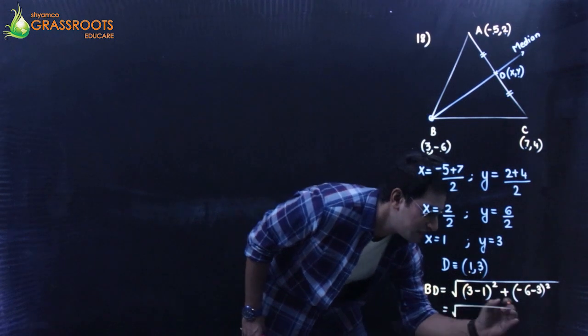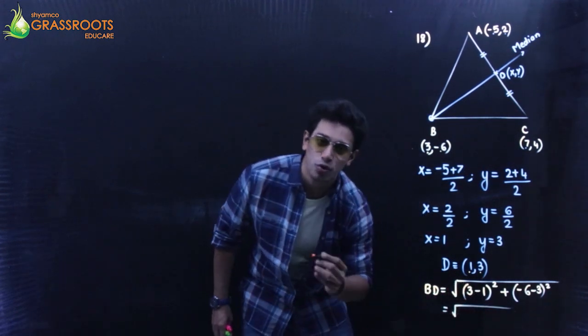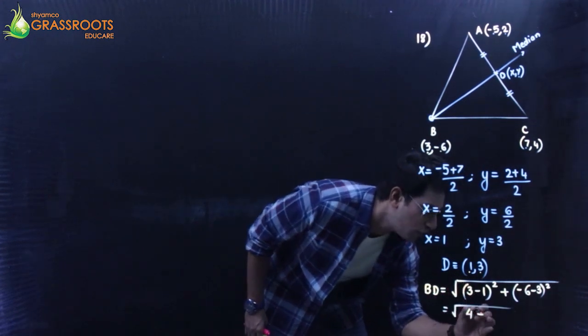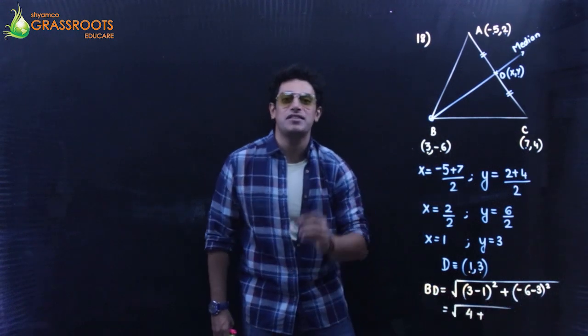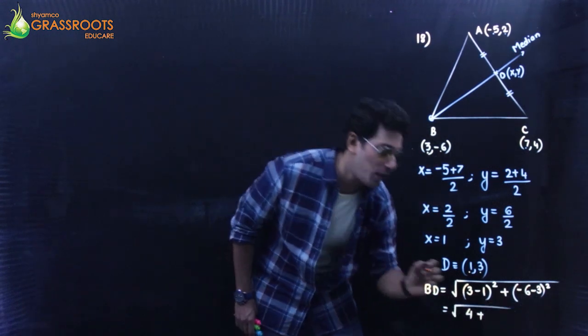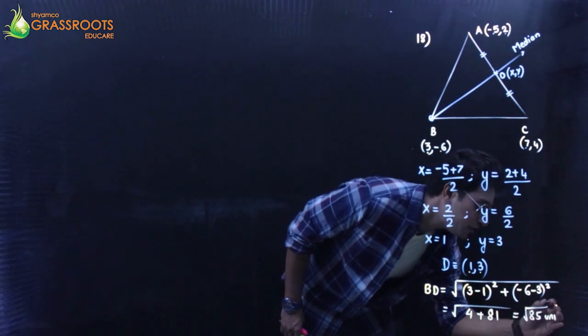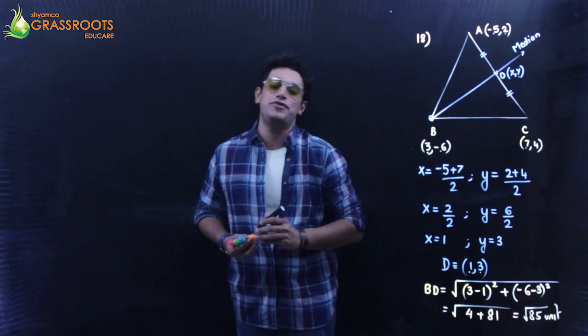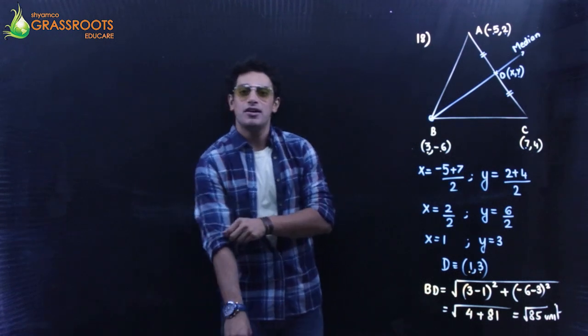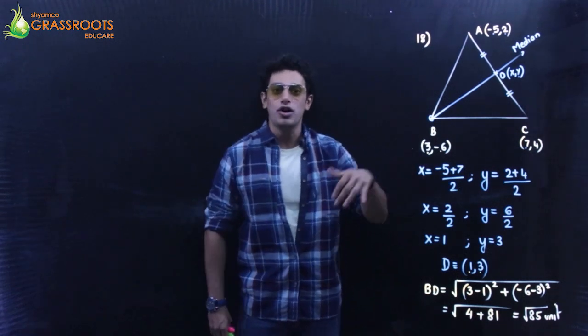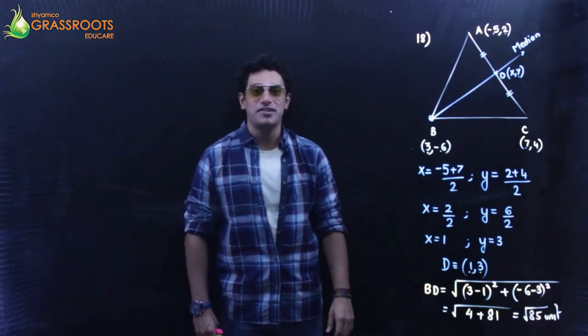So that makes it 3 minus 1 is 2. 2 square is 4. Minus 6 minus 3 is minus 9. Square is 81. So the length is going to be root of 85 units. That's going to be the length of the median through the vertex 3, minus 6.